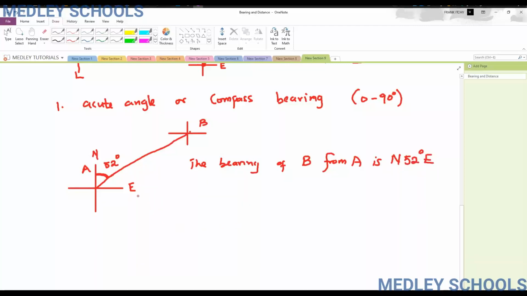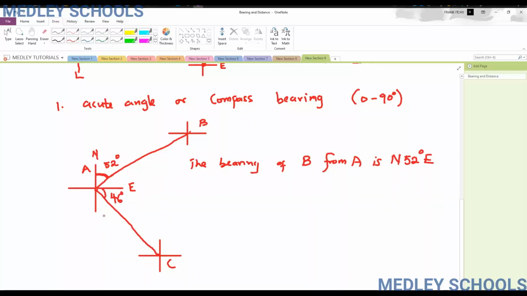Now for another example, if I have another point, maybe point C somewhere here, and I want to find the bearing of C from A. That is, there is a line from here to this place. This is point C, and I am given from here to be 46 degrees.